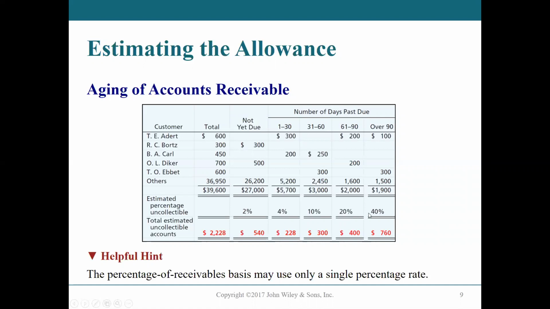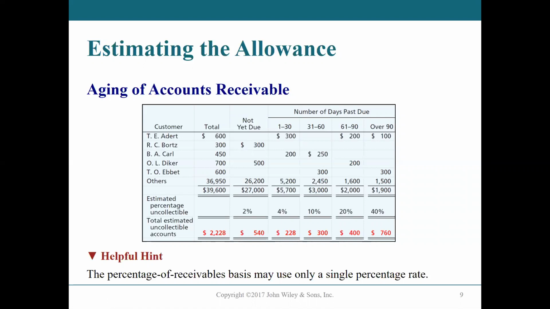They break down their debts by debts not yet due, debts that are 1 to 30 days past due, etc. Then they have some estimated percentage uncollectible, and you multiply that to figure out the total amount you think will be uncollectible, and then use that to do your adjusting entry for allowance for doubtful accounts.